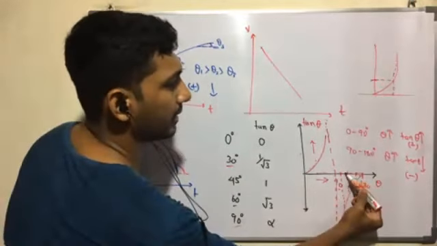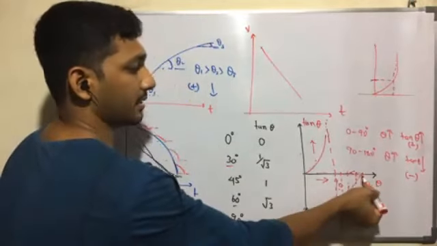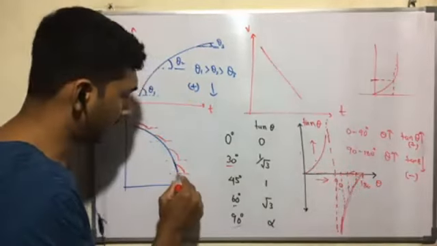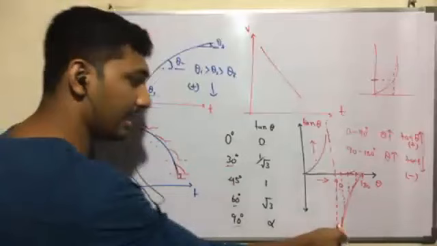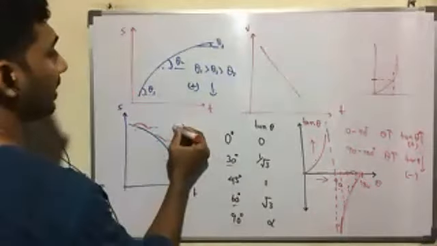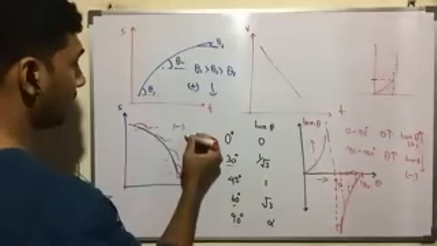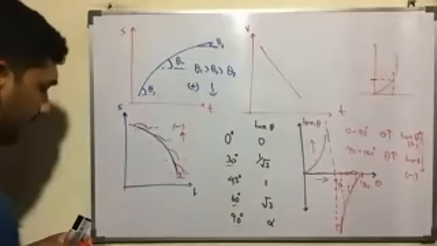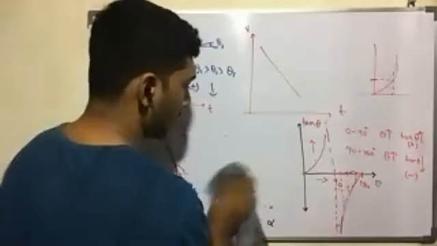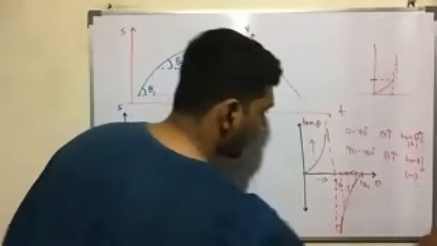When the angle decreases, on the negative side it increases. When it becomes 90, that is the infinity value. So here the tan theta is negative. I mean the gradient is negative and it's also increasing.